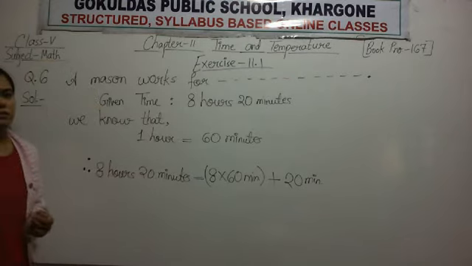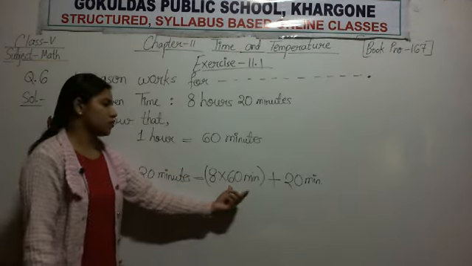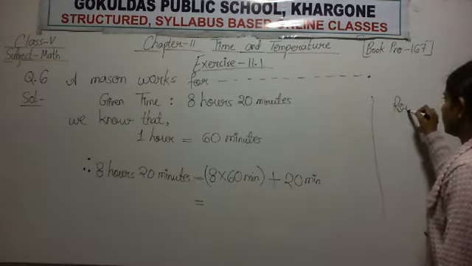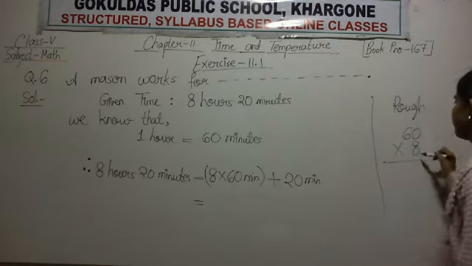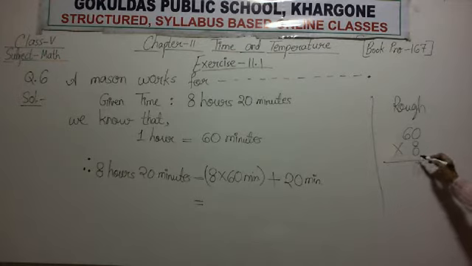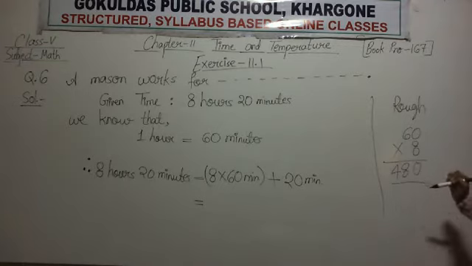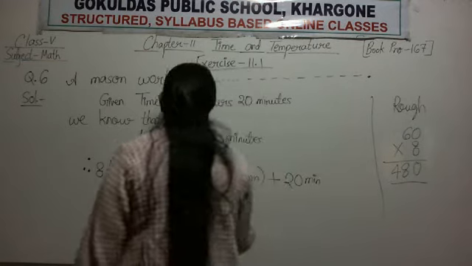Now we will solve the bracket first. In rough work, arrange both the numbers column wise, 60 and 8, and multiply. 8 into 0 is 0, 8 6s are 48, right? So when we multiply 8 with 60, our result is 480.